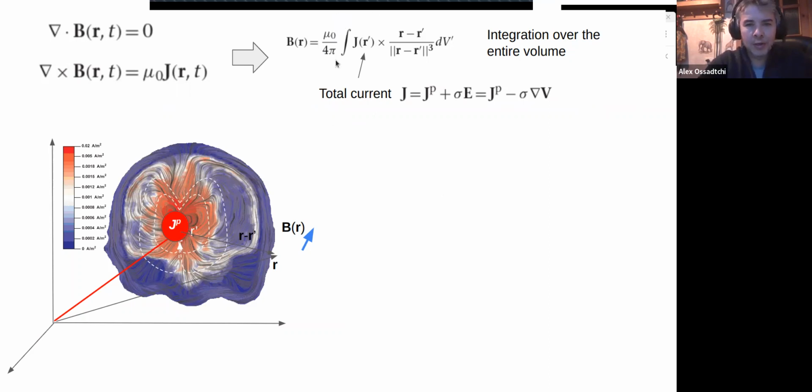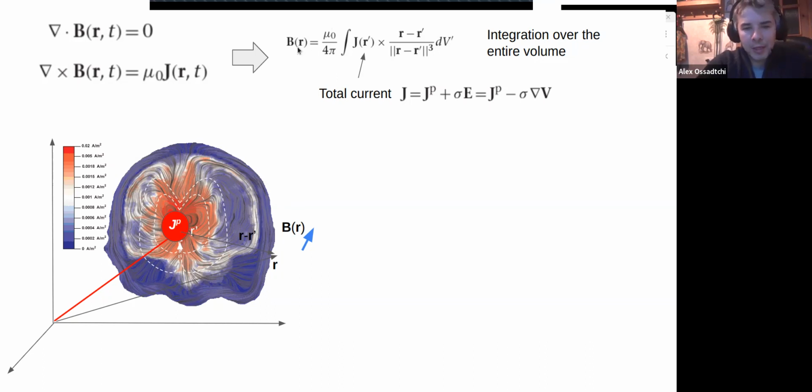We will refer to so-called integral equations, basically the results of integrating these Maxwell equations within some known media, within some known volumes. By solving these equations, you can arrive at this kind of formula, which I'll try to explain.